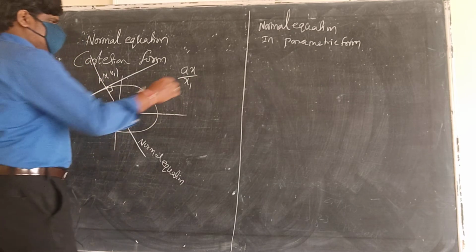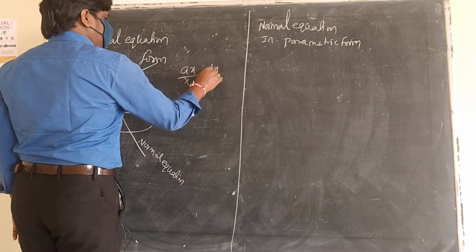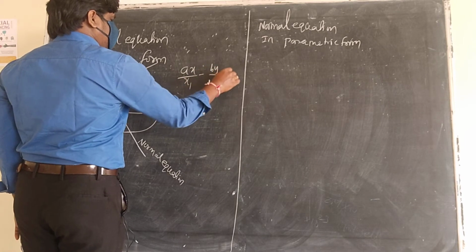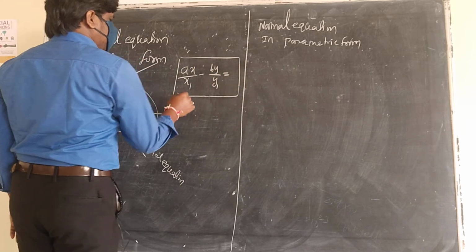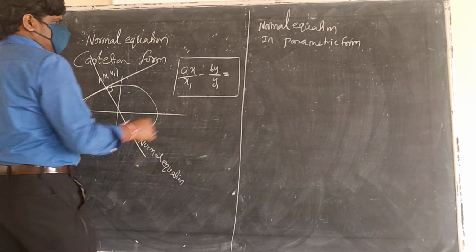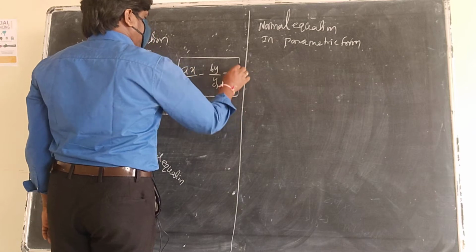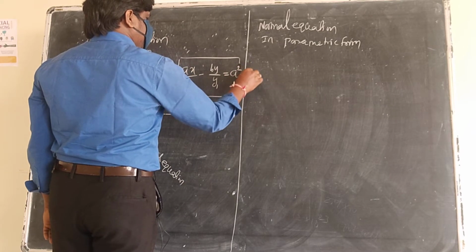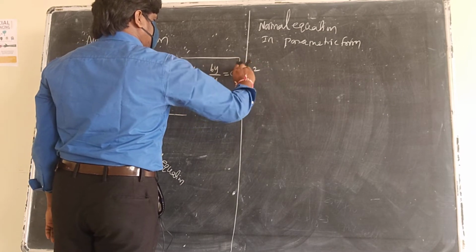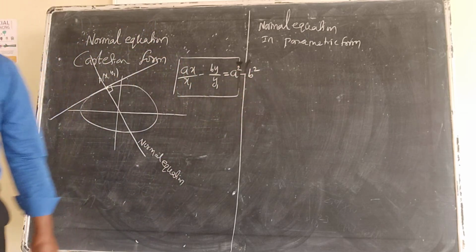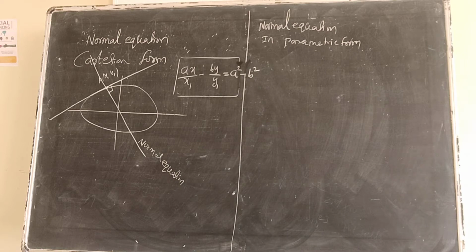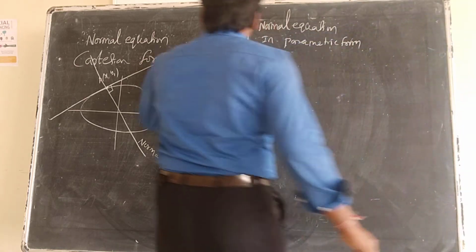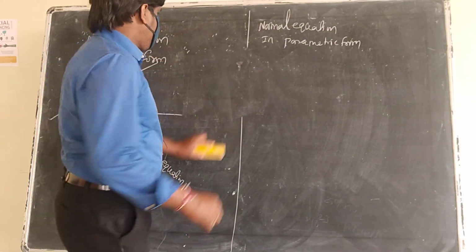a x by x1 minus b y by y1 is equal to a square minus b square. I will write once again, properly.